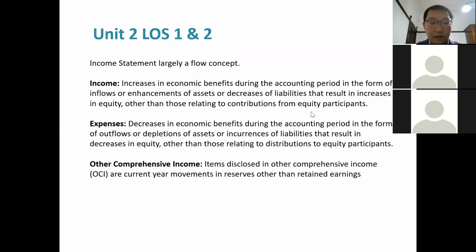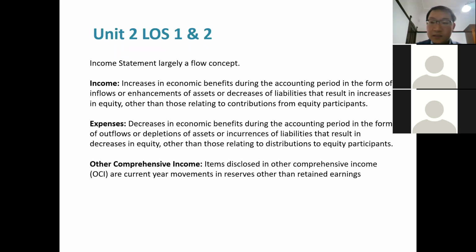So the next area that I wanted to touch on is going to be in Unit 2, the first and second learning outcomes, and this is going to be mainly concentrated on the income statement. When we talk about an income statement, the concept behind a P&L is that it is largely a flow concept.